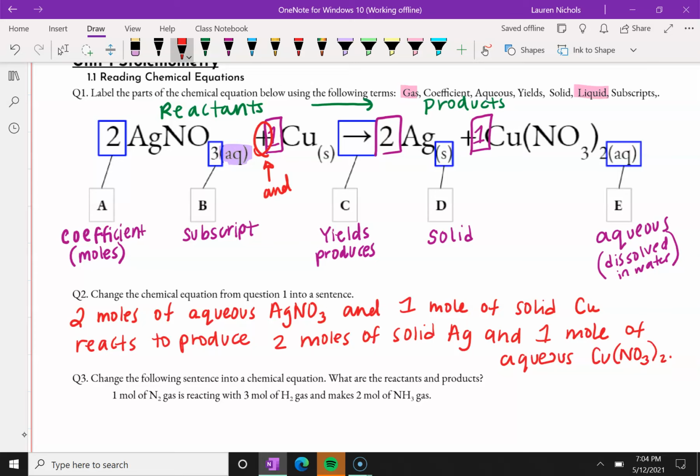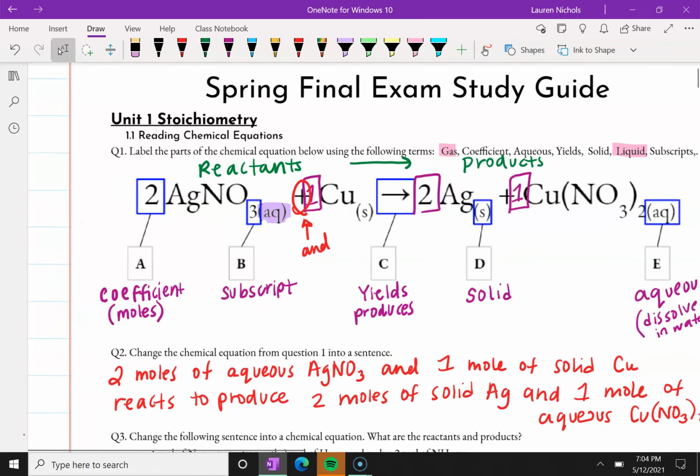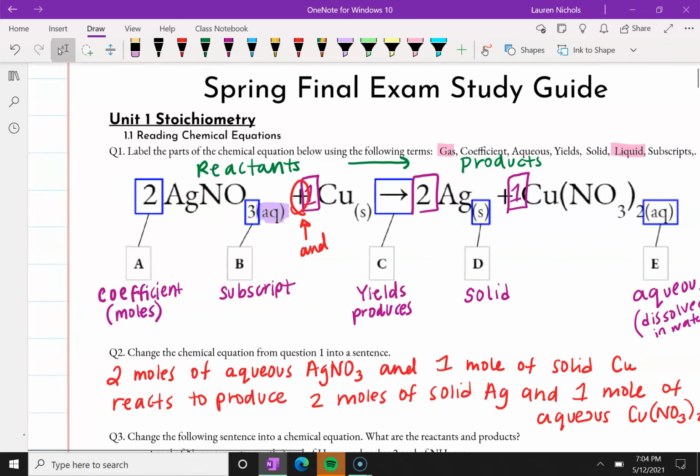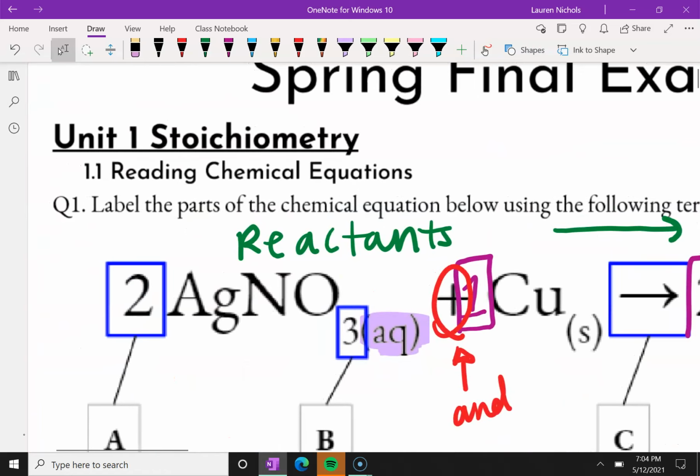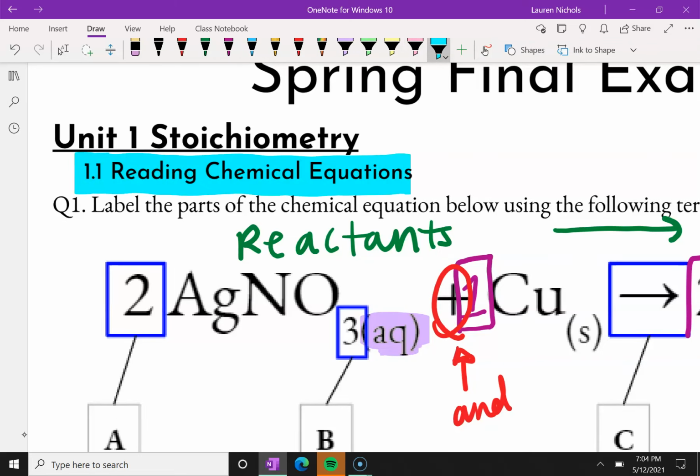And this was the very first skill that we learned on the first or second day of school back in January. Now, what I want to remind you is when we're looking at this study guide and our notes, if you're watching this video and you actually are in my class or in a chemistry class at my school, this subheading is the name of the skill in the gradebook.